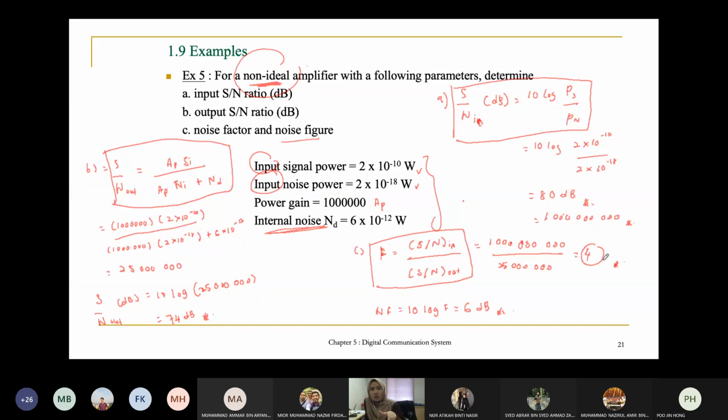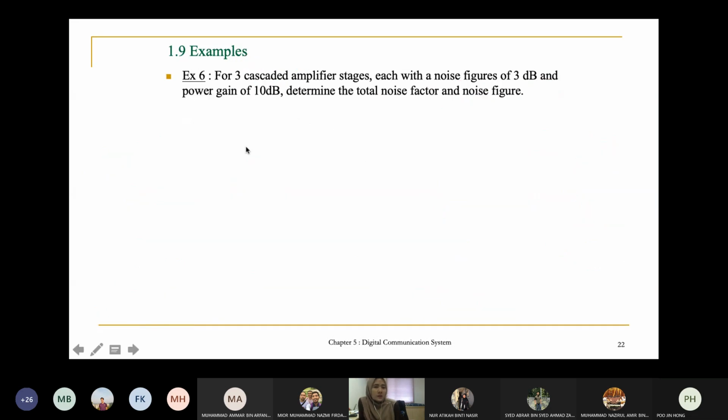Awak guna tu apabila awak ada lebih daripada satu amplifier. So this example, you only have one amplifier. So kita next kita ada example 6. So example 6 ni baru kita akan gunakan Friis formula. Sebab kat sini kita ada 3 amplifier.